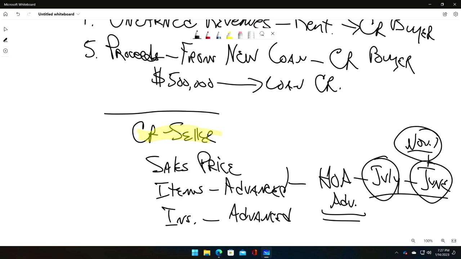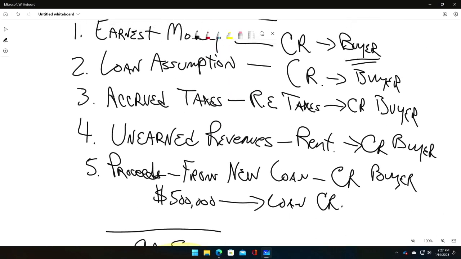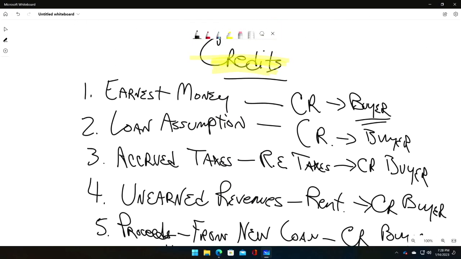So again, you need to really know what the credits and the debits are, because they're going to give you these questions. These questions are going to have lots of information. They want to just try to trip you up with the size of the information. But now you know you're going to just go do what?